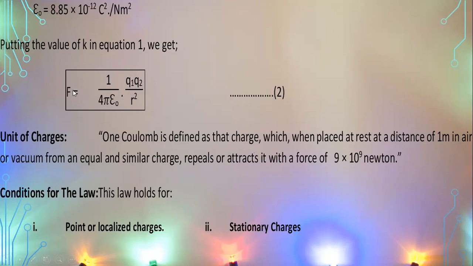If you put the value of force as 1 Newton and keep the distance between the two charges at 1 meter, you define 1 Coulomb as the charge which, when placed at rest at a distance of 1 meter in air or vacuum from an equal and similar charge, repels or attracts it with a force of 9 multiplied by 10 to the power 9 Newton. Basically, this is the value of 1 over 4 pi epsilon naught. Okay. The next point is, what are the limitations of Coulomb's law?